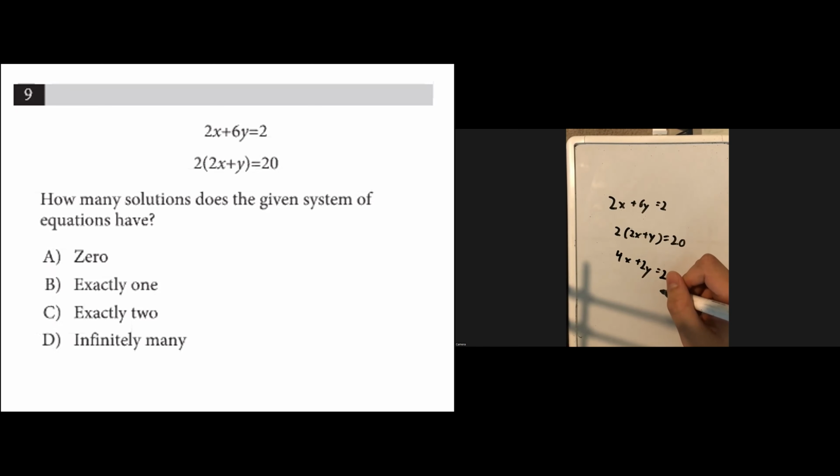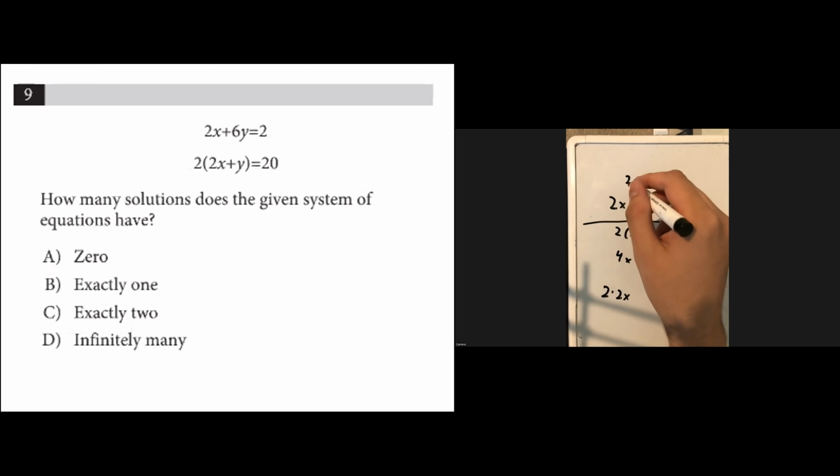Then I substituted. For the first, I subtracted 6y from both sides and got 2x equals 2 minus 6y. You could plug this straight in, because 4x is the same thing as 2 times 2x.